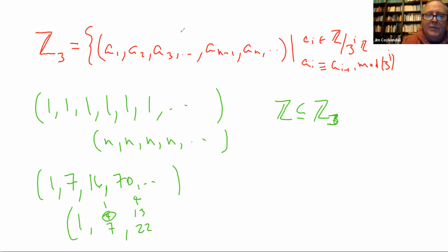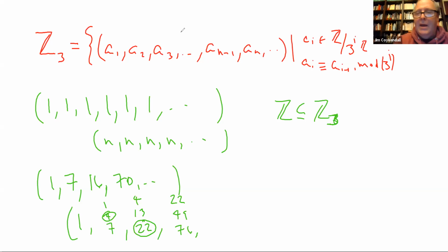Because now it's got to be equivalent mod 9 here, right? And if you have 22 here, you can go up 0, or 27. So you can go to 22, 22 plus 27, which is 49, and 49 plus 27, which is 76, and so forth. At every step, you've got 3 choices.